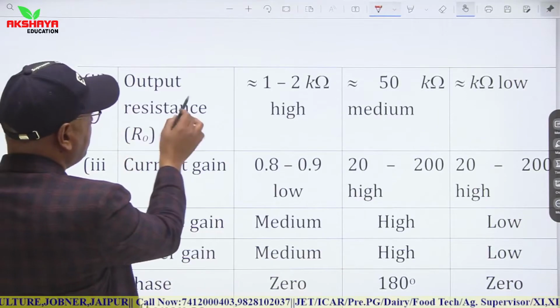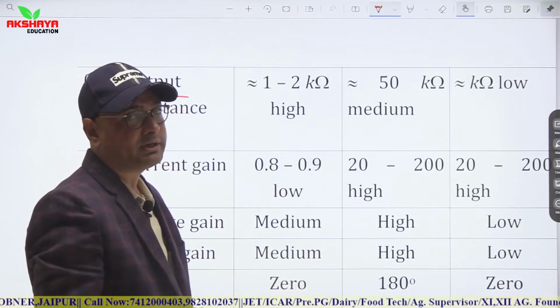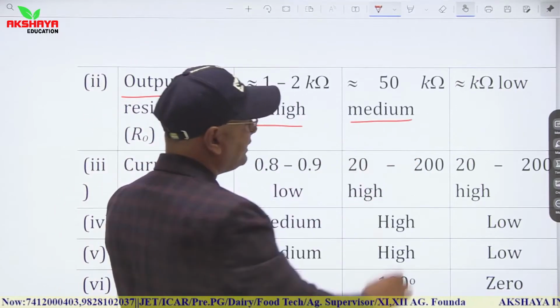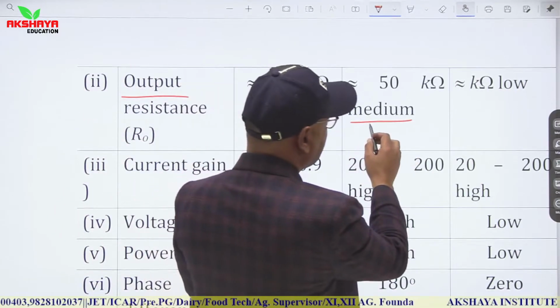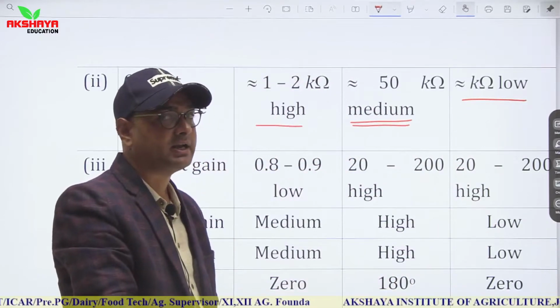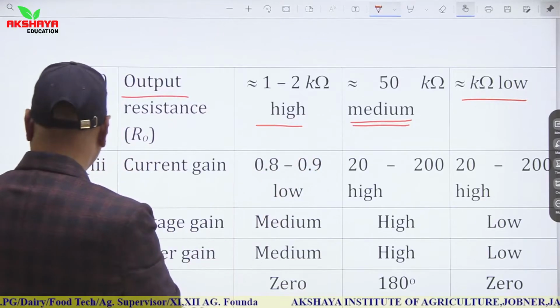Similarly, if we talk about output resistance, then output resistance in case of CB configuration is high, in case of CE configuration it is low, or you can say medium, while in case of CC, common collector configuration, it is very low, in orders of kilo ohm.